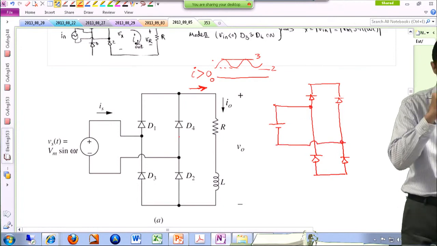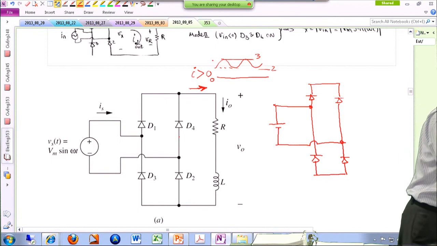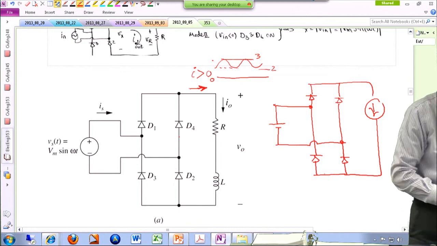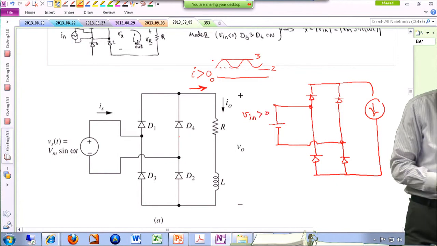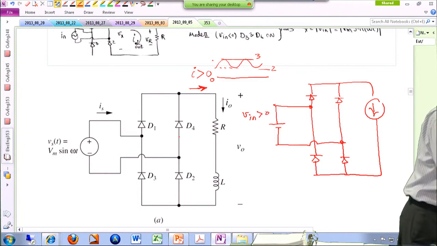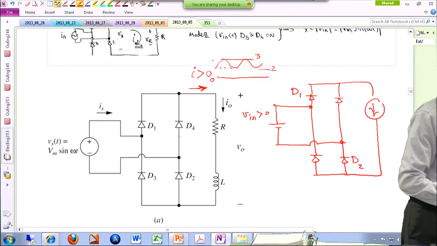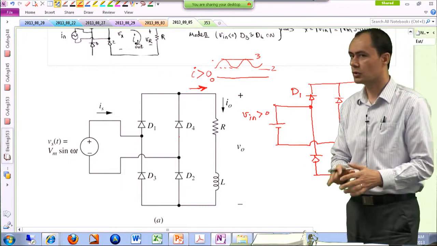I assume that my output current is continuous, so I can replace it with a current source. So when Vn is positive, the argument that I'm making is that the only possibility is for D1 and D2 to conduct, and there are no other possibilities.